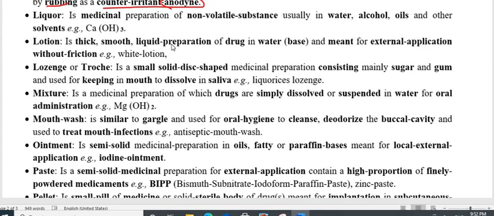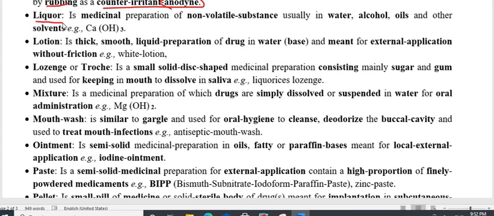Now we have to go through the other dosage form. Liquor. Liquor is a term concerned with the dosage form. Sometimes we are using this term for solution.